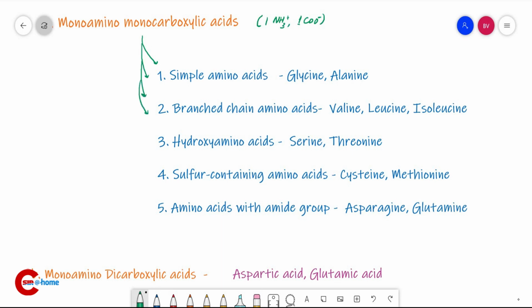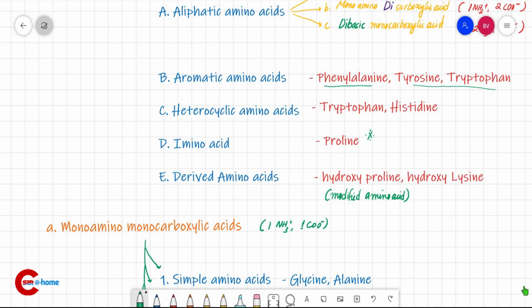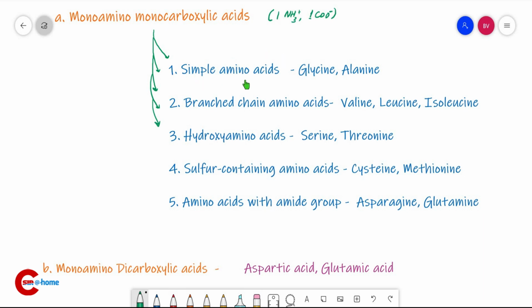Here it is again classified into 5 different categories: simple amino acids, branched chain amino acids, hydroxy amino acids, sulfur containing amino acids, and amino acids with amide group.